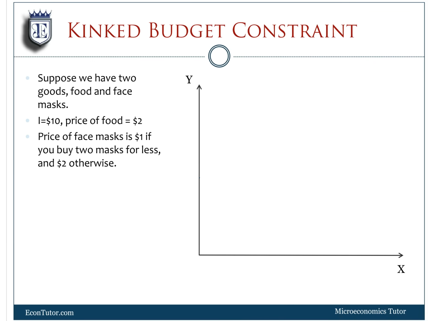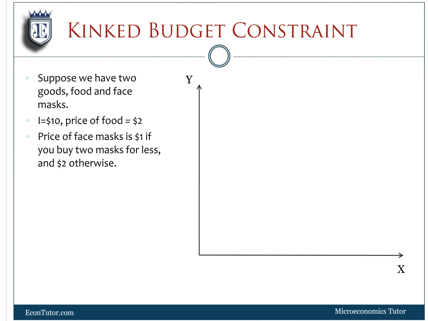The moment you buy the third one, the price is going to go up. We do this to ration face masks, right? Everyone needs a mask, meaning for the first two you have a cheaper price, maybe even subsidized, but as you go to the third or the fourth mask, the price goes up. That's to discourage you from buying too many masks.